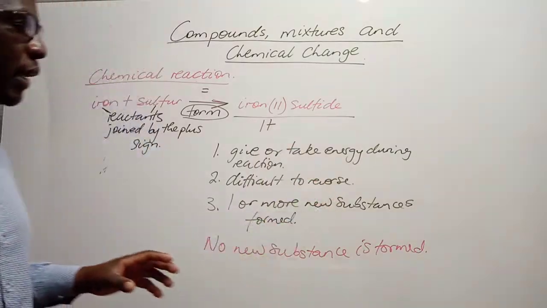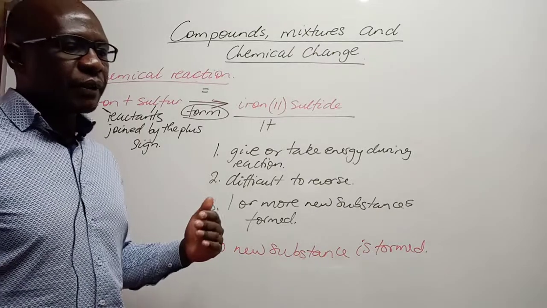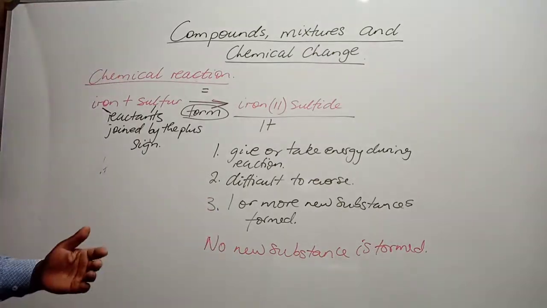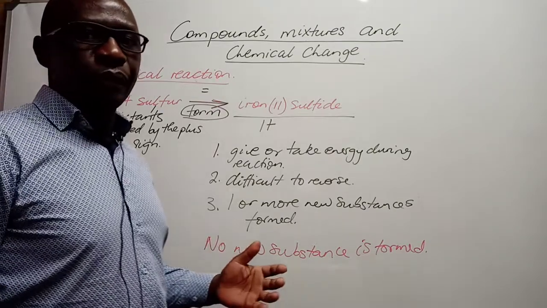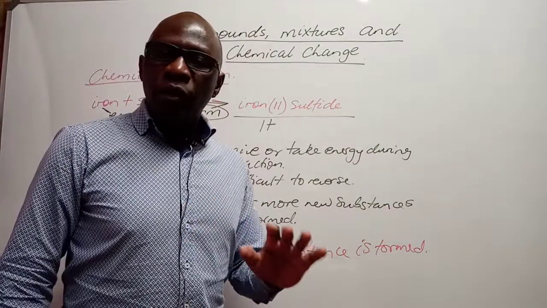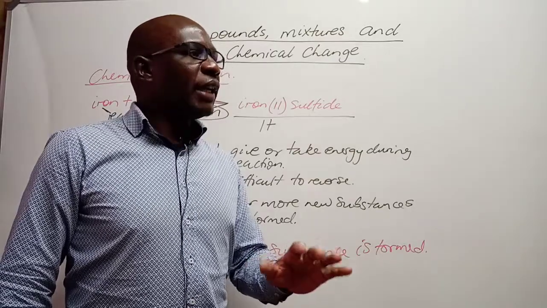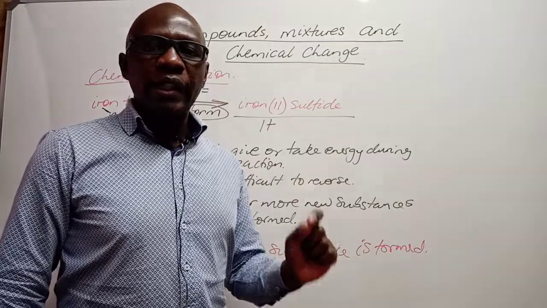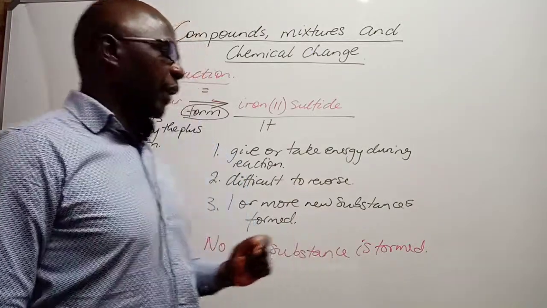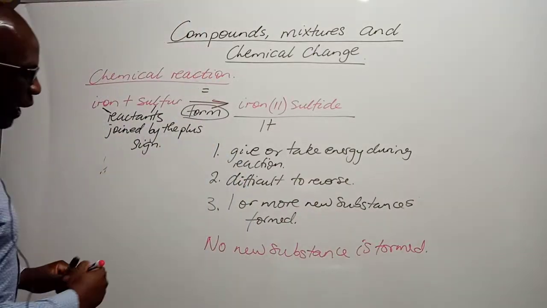Let us say you mix iron filings with a powder. As long as you have not applied heat and so on, that still remains a physical change, right? So that is the first thing.